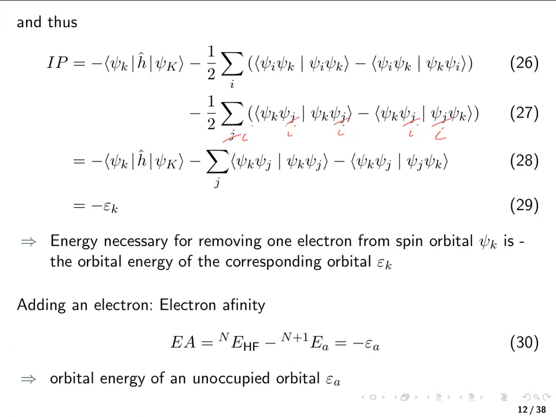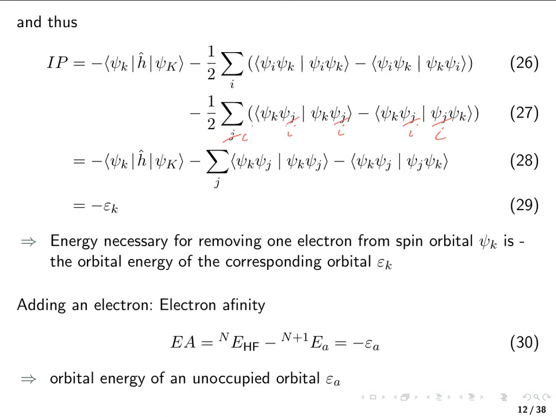Now, we also can look at something which is called electron affinity. That's the opposite process, a process where we do not remove an electron from the system, but we add an electron to the system. So the electron affinity is calculated as the energy of the n electron system minus the energy of a system where we have added one electron.